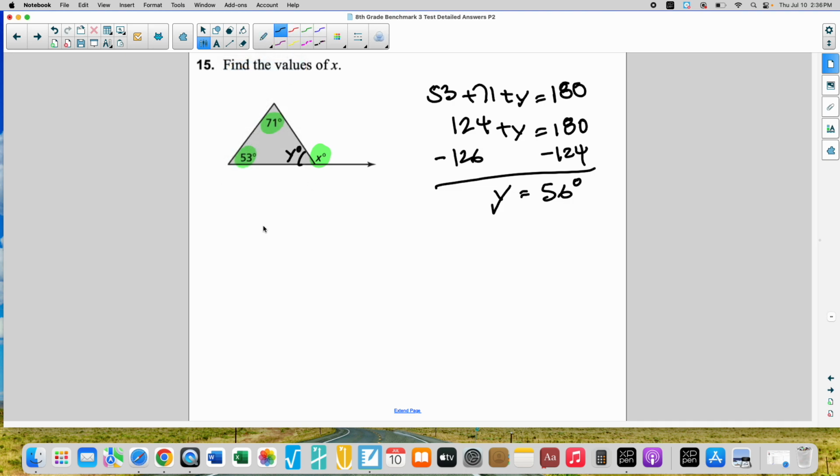I don't know if that's the correct wording, but angle x is going to be 124 degrees. I don't know why I put 26 right there, but that should be 124. So 124 degrees should be x. Good.